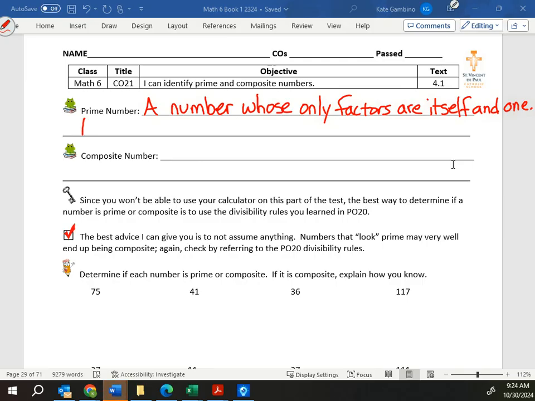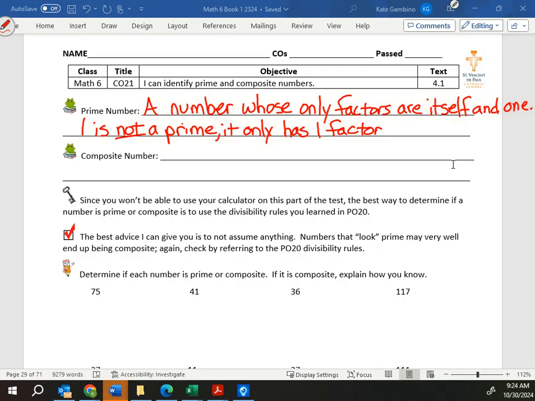The number 1 is not a prime number. It only has one factor. So a prime number has two factors to it, itself and 1. Because any number times by 1 is going to be itself. So prime number means that we can't break it down into anything else.